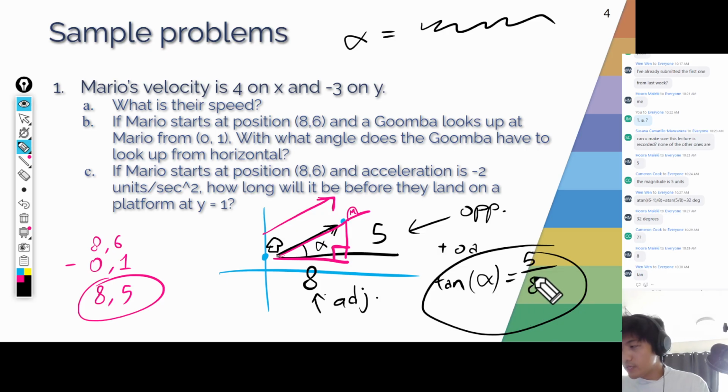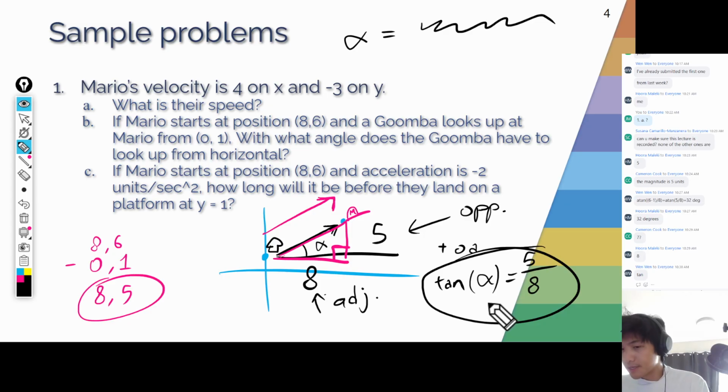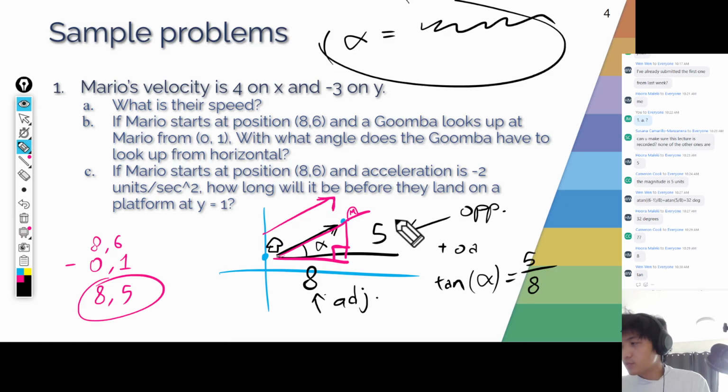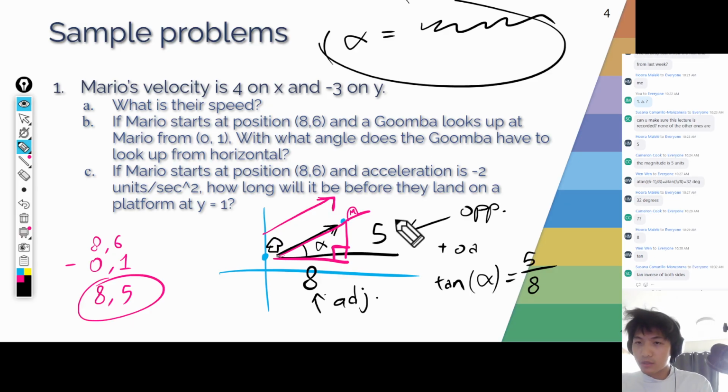Right? So we need to find a way to rearrange this equation to get alpha out of being inside the tan function, and just have it sitting on its own so we can solve for it. We need to solve for alpha.